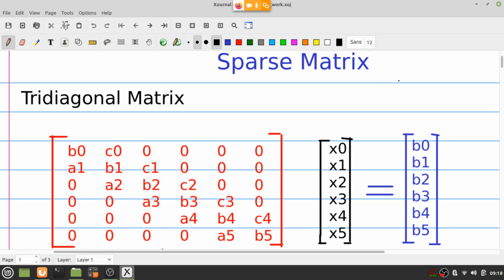One important class of sparse matrix is the tridiagonal matrix. So what is this tridiagonal matrix? You have the 3 diagonals, and the rest of the elements are all 0.